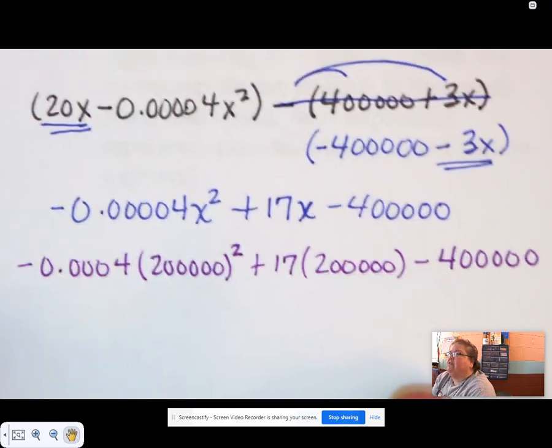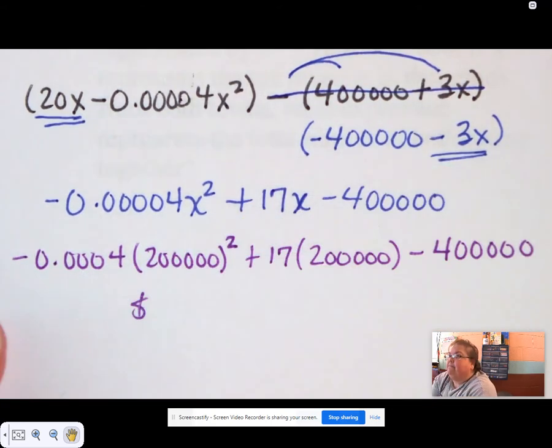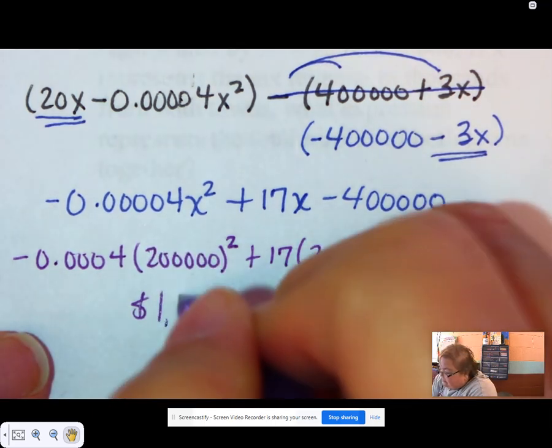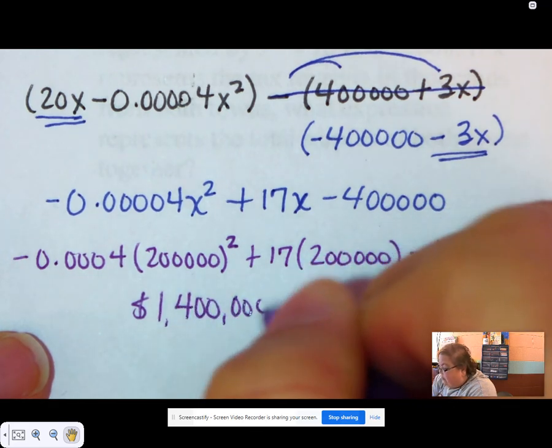Now type that in your calculator and tell me what your profit is. Everybody's typing this in their calculator, unless you're writing it down. What you got? $1,400,000.